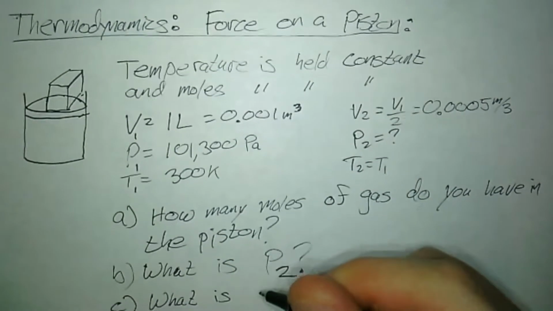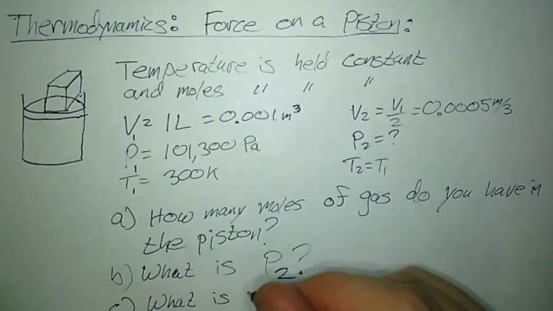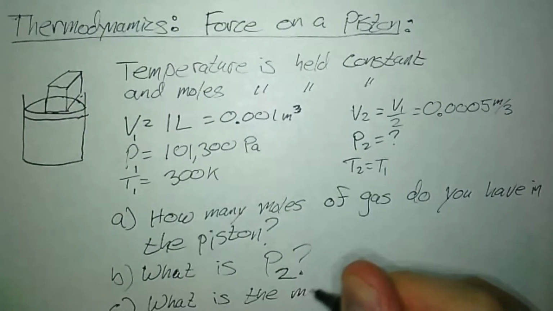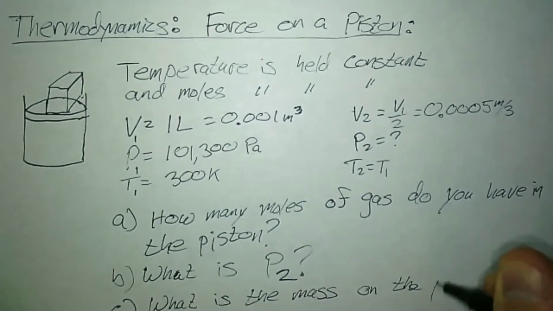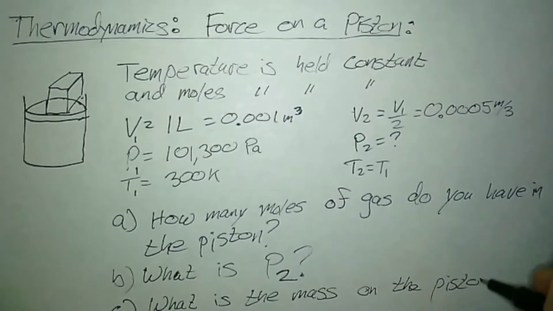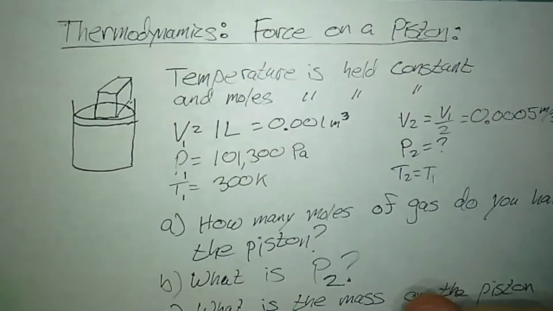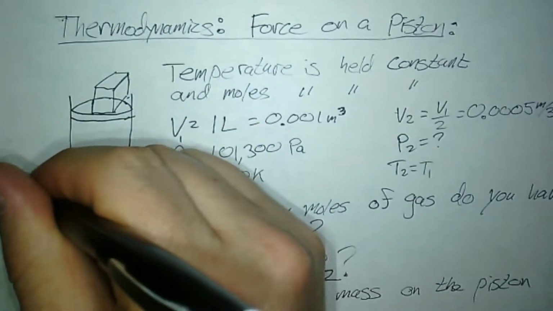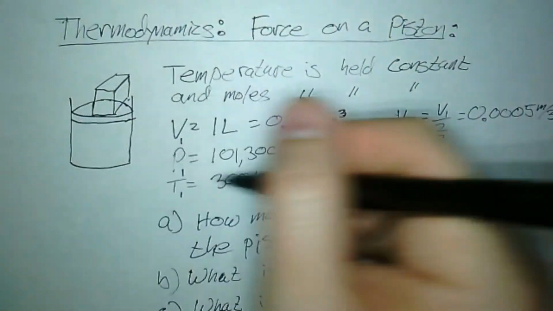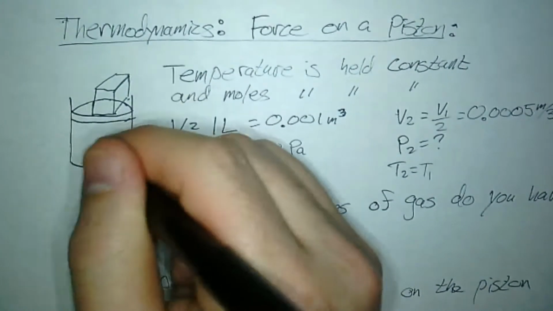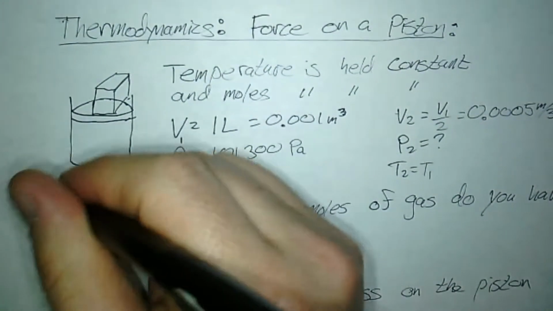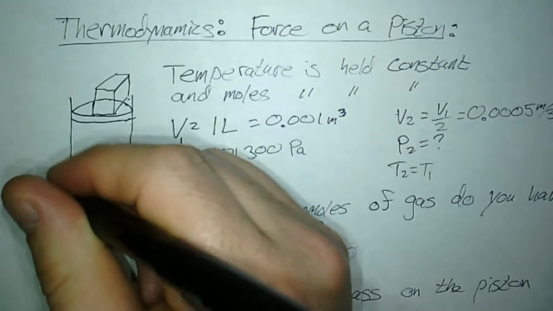But to do that, I'm going to have to add something that we know, just the one, really. I have to add the area of this cylinder on the piston, the movable part of the piston.